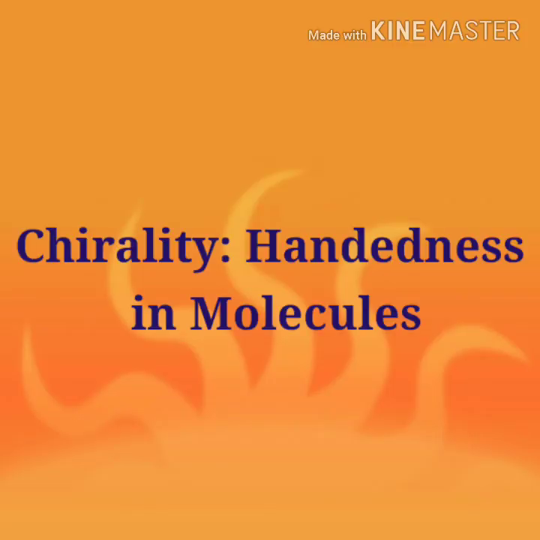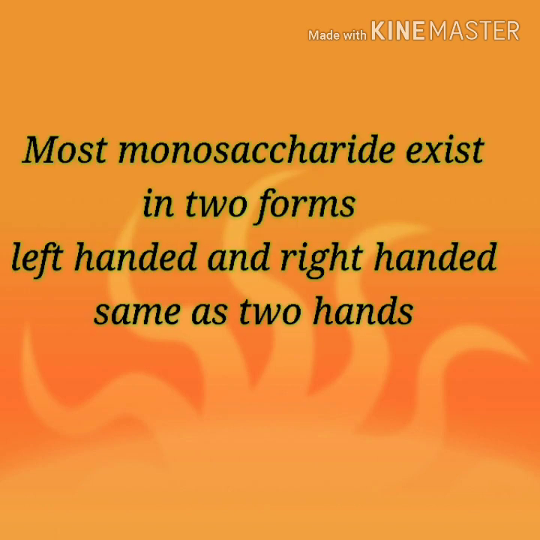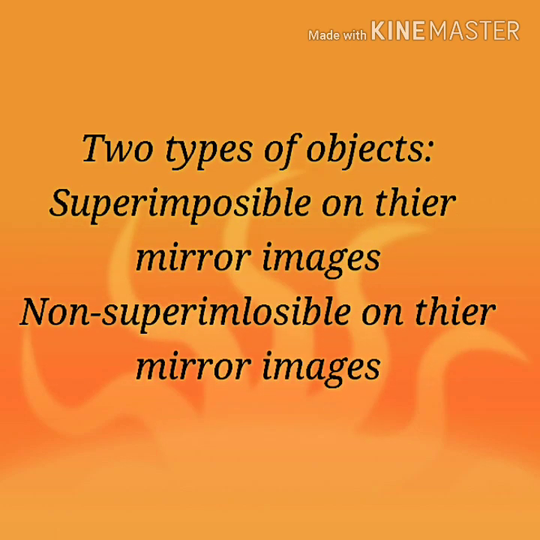Chirality: handedness in molecules. Most monosaccharides exist in two forms, a left-handed and a right-handed form, same as two hands. There are two types of objects: those superimposable on their mirror image and those with a non-superimposable mirror image. Superimposable means the images coincide at all points when laid upon each other.